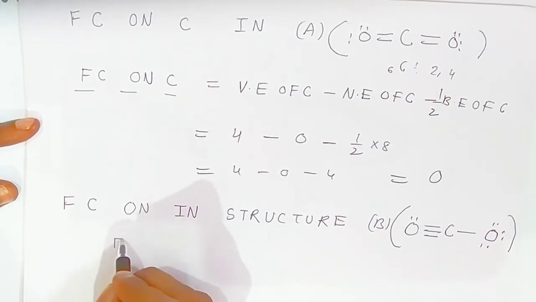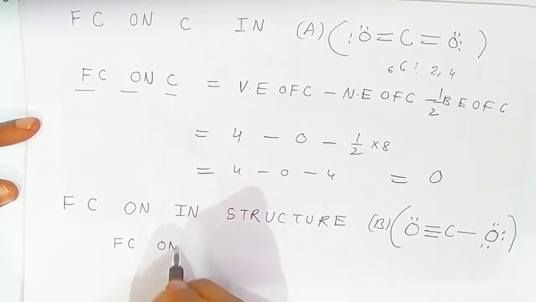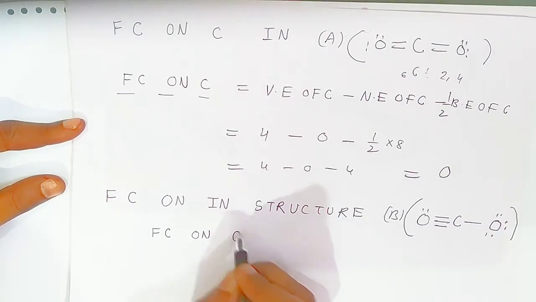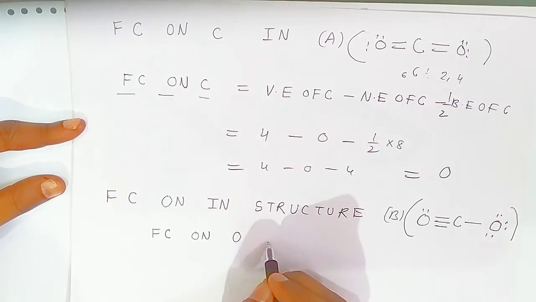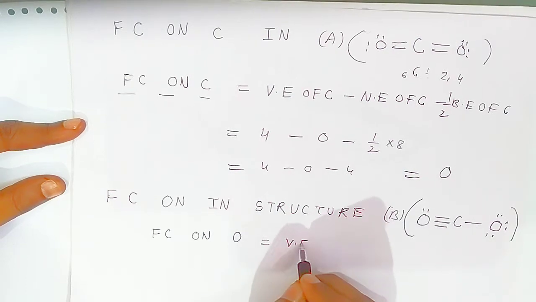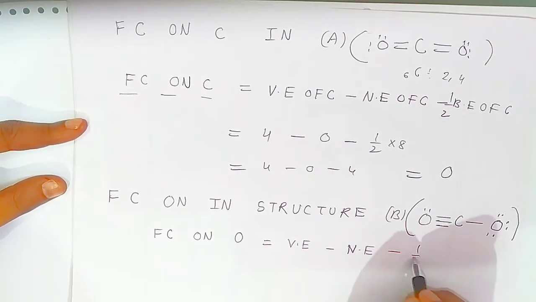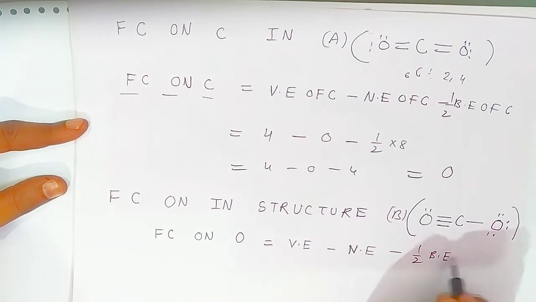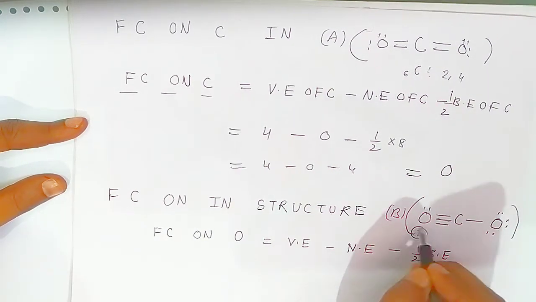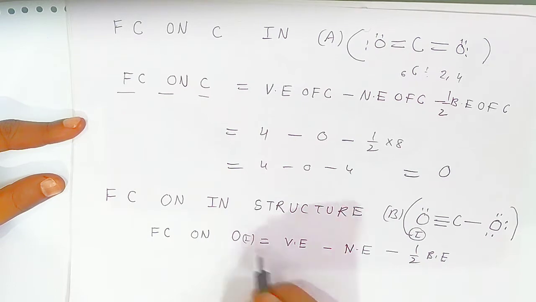So students, the formal charge on the first oxygen is valence electrons of oxygen minus non-bonding electrons of oxygen minus half of the bonding electrons of oxygen. I am talking about this oxygen, the first oxygen.